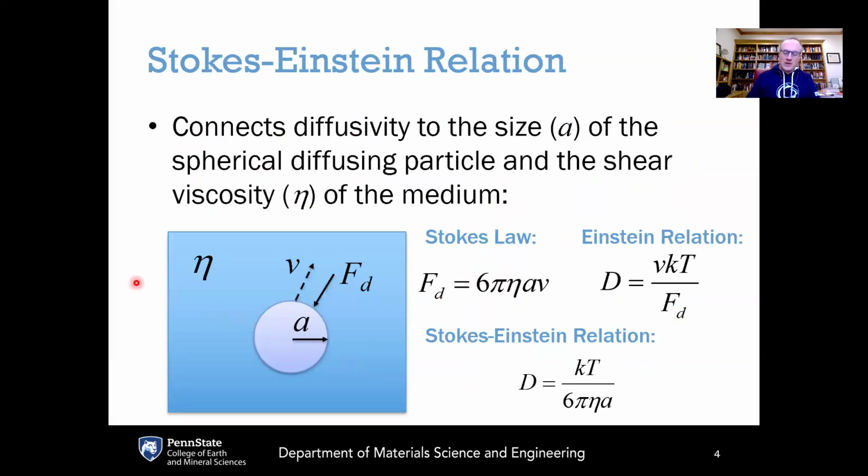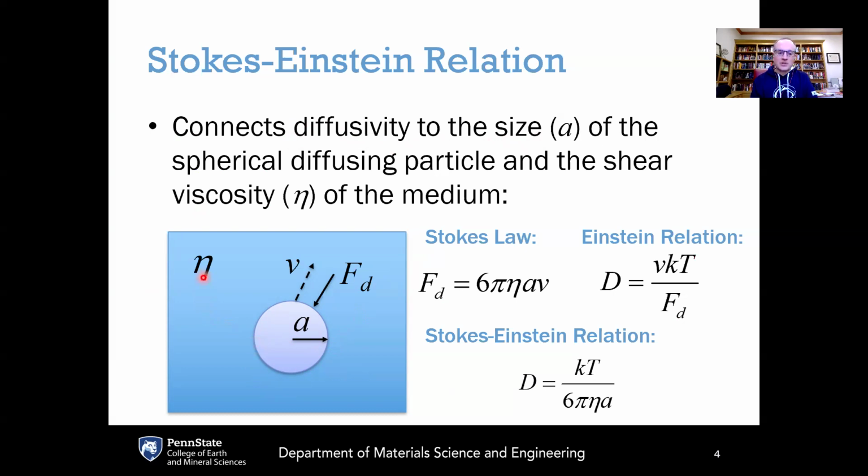Now, the first method that we're going to use to study diffusion in non-crystalline media is the Stokes-Einstein relation. The Stokes-Einstein relation connects the diffusivity to some size a of a spherical diffusing particle within a viscous medium that has a shear viscosity eta.